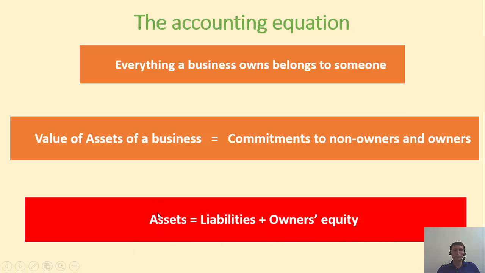So assets in this equation is the value of the resources under the control or ownership of the business, which must equal the commitments the business has to non-owners plus the commitments it has to the owners of the firm.